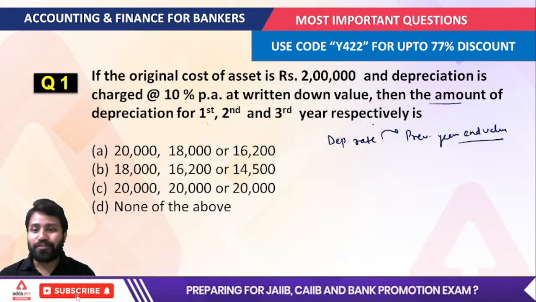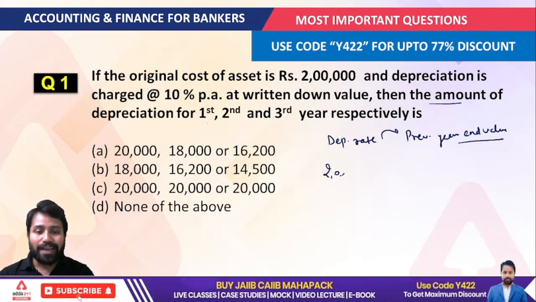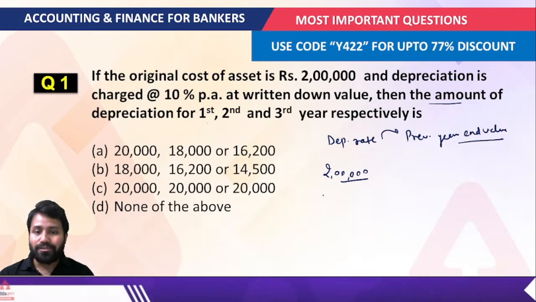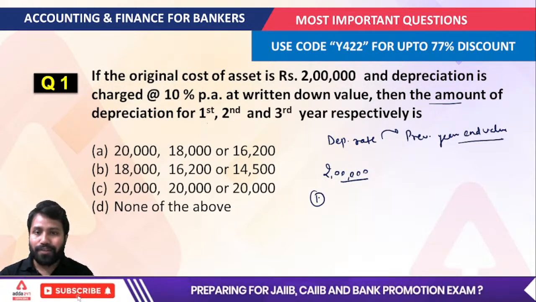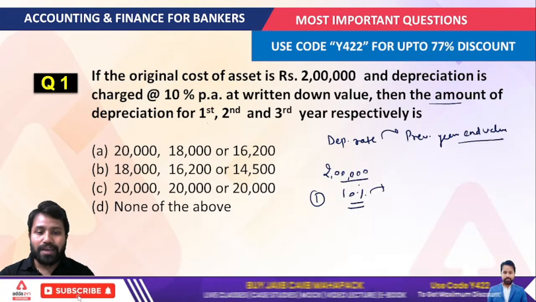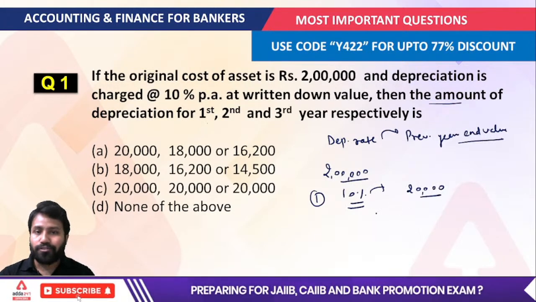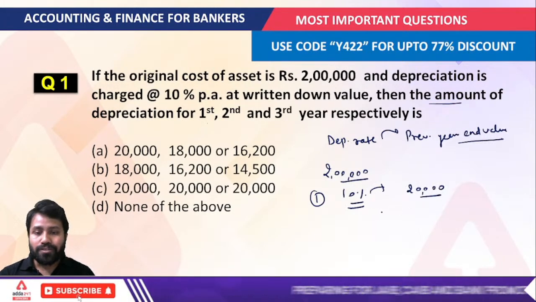Look, the asset value is 2 lakh, and 10% depreciation is applied for the first year. What will it be? Definitely you will say 20,000 rupees. So this is your first year depreciation.